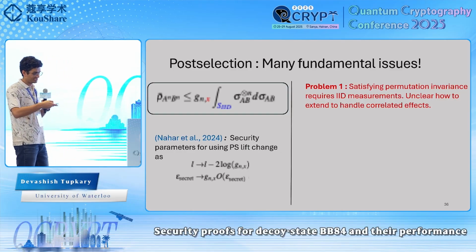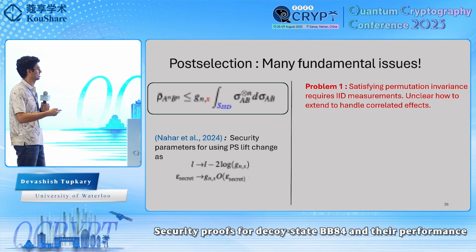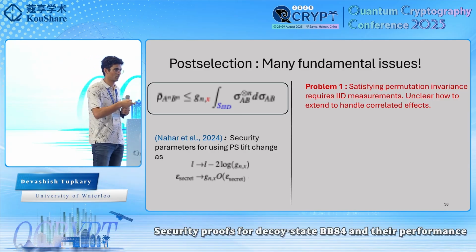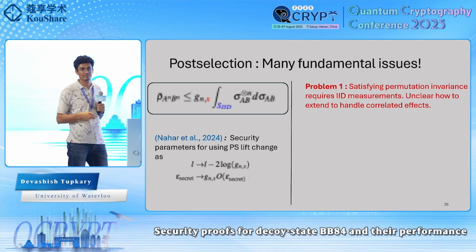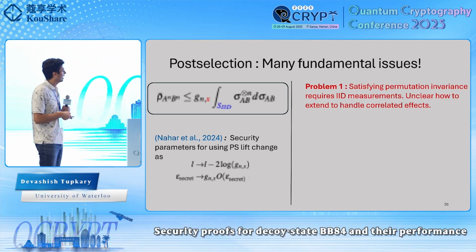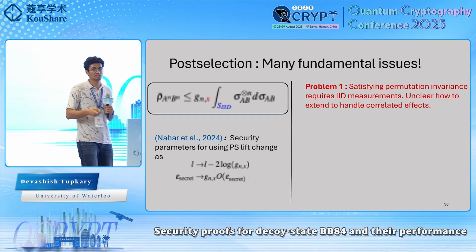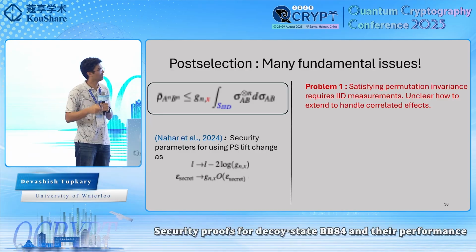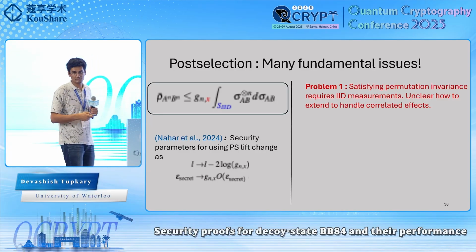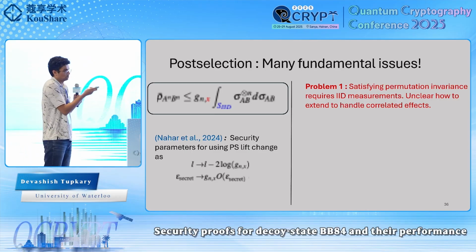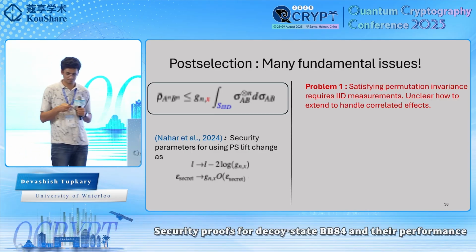But in order to say that that permutation lets us satisfy the permutation invariance, we need the measurements themselves to be IID. So we need Alice and Bob to do the same measurement using the same POVM in each round. And when we have any sort of correlated effects, like after pulsing, dead times of detectors, it's not clear how we would even get started. It's not clear whether the protocol would in fact be permutation invariant, and so how would you use the post-selection technique?